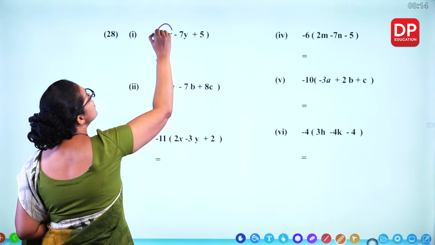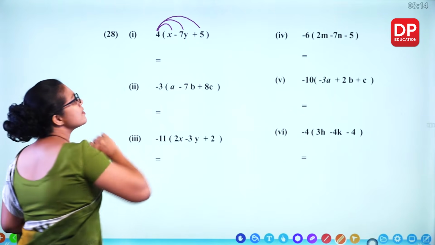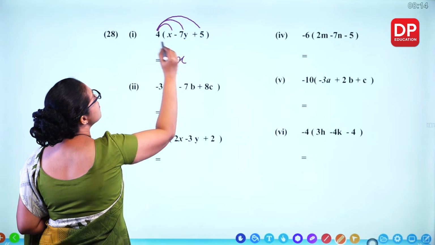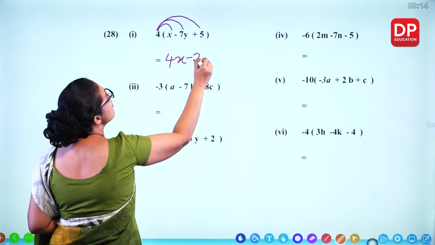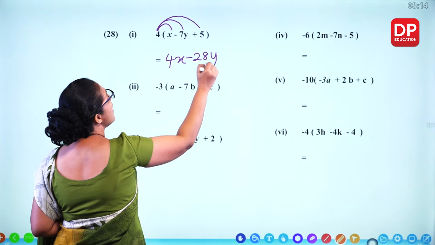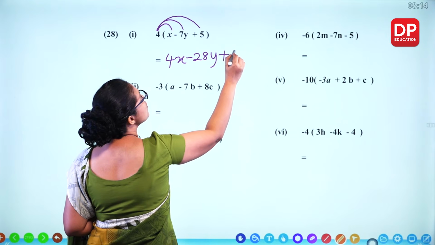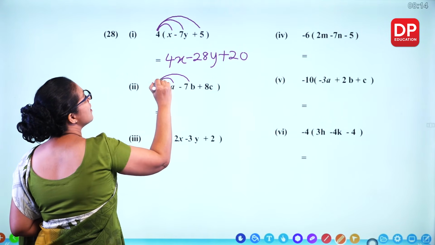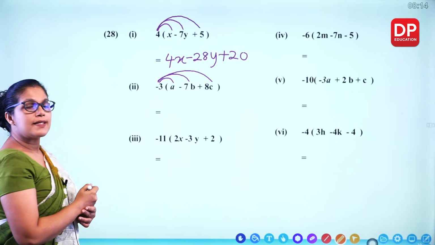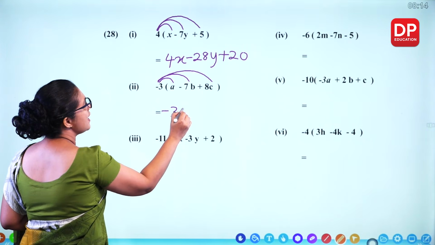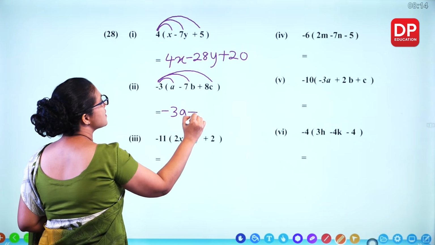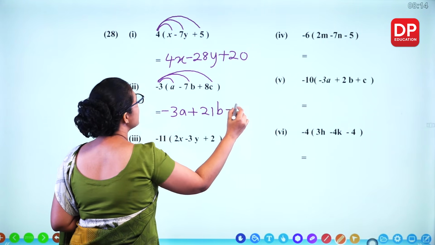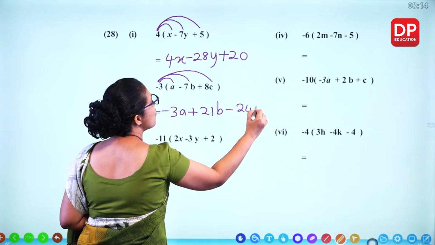Here, do all these multiplications. Try. 4 times x, 4x. 4 times minus 7y, minus 28y. 4 times 5, 20. Minus 3 times a, minus 3a. Minus minus plus, 21b. Minus into plus, minus 24c.